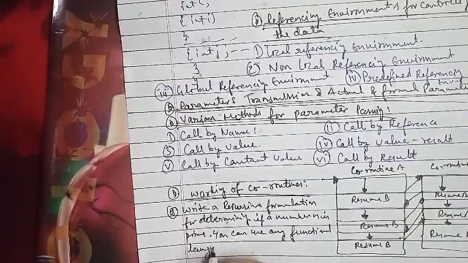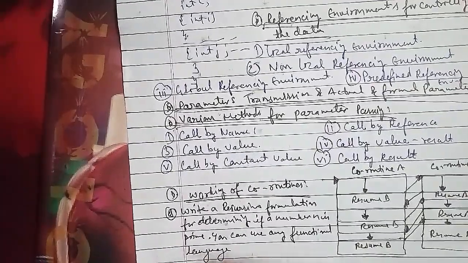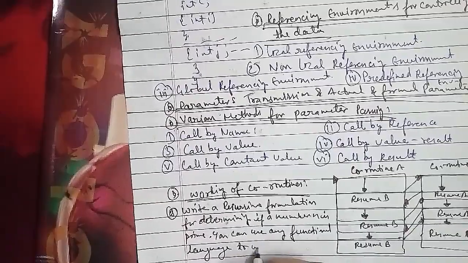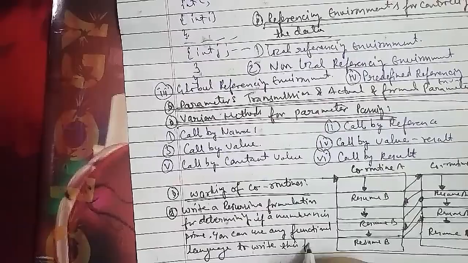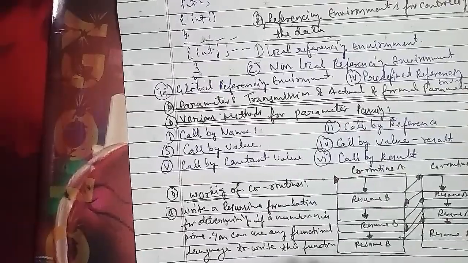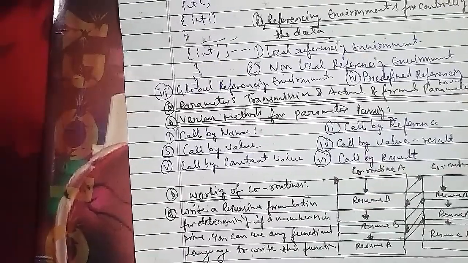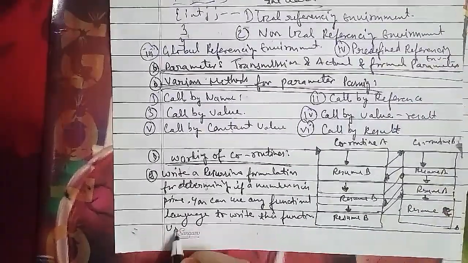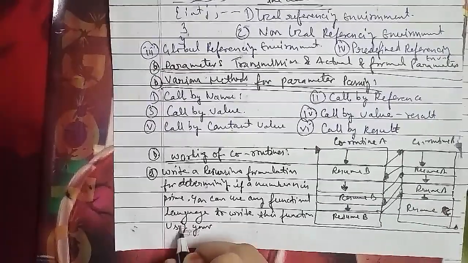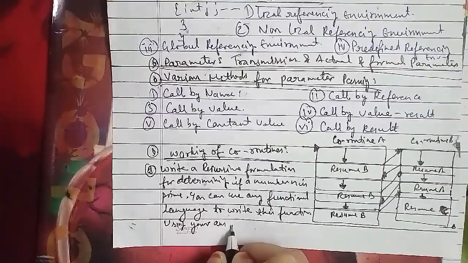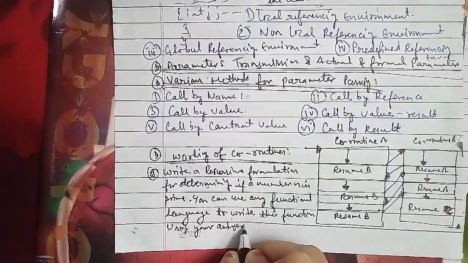Using your answer, show the evaluation steps for n equals 15. This has been asked for 10 marks. Let's go ahead with the solution here.